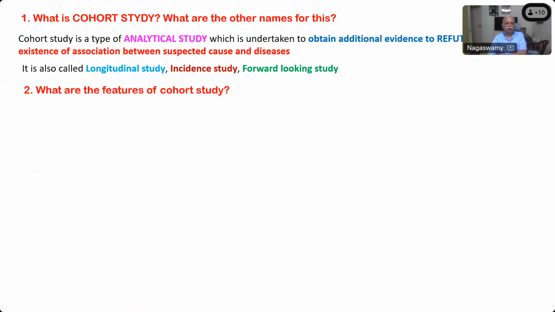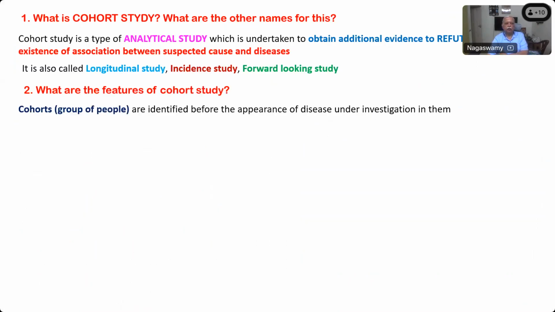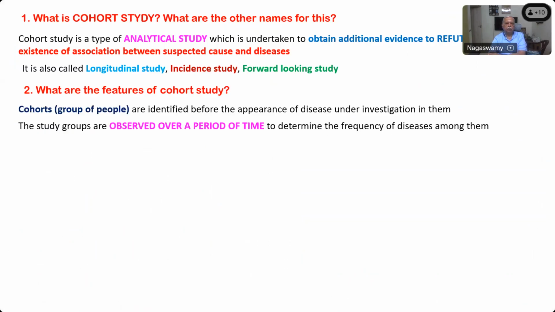What are the features of a cohort study? Cohort literally means a group of people. A group of people is identified before the appearance of the disease under investigation. The study groups are observed over a period of time to determine the frequency of disease among them, and the study proceeds from cause to effect.